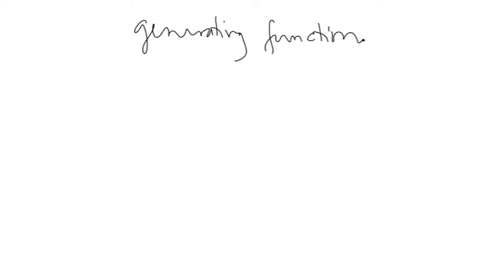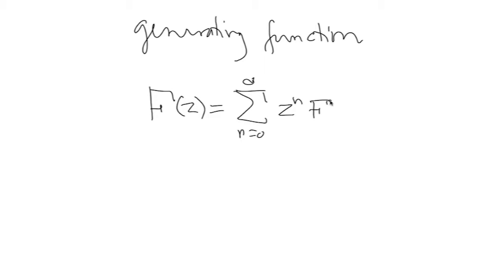So the generating function F of z is some polynomial in z^n, n goes from 0 to infinity, typically F_n. So we have transformed something that is a function of this probability of a single step to something that's an expansion, not a Taylor expansion, but the generating function expansion of the same quantity.